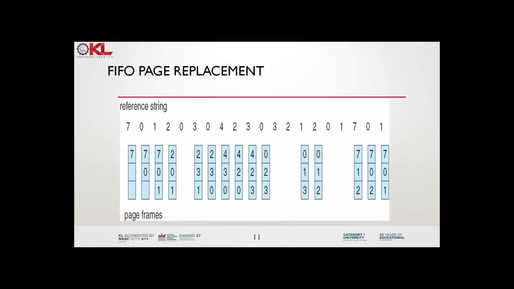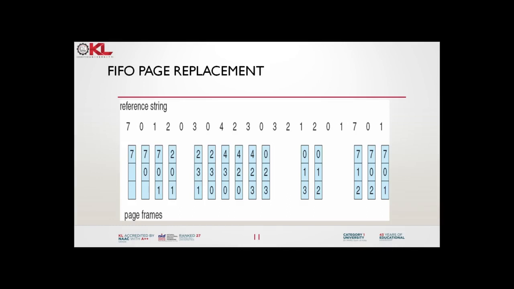How to identify that? To identify that, we need to understand a formula called the page fault ratio. If you would like to find it out, then you see the number of page faults occurred.